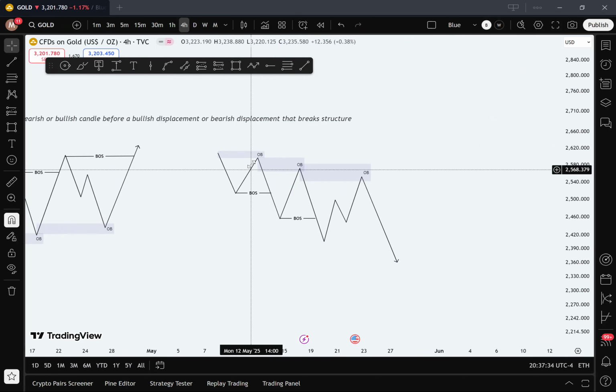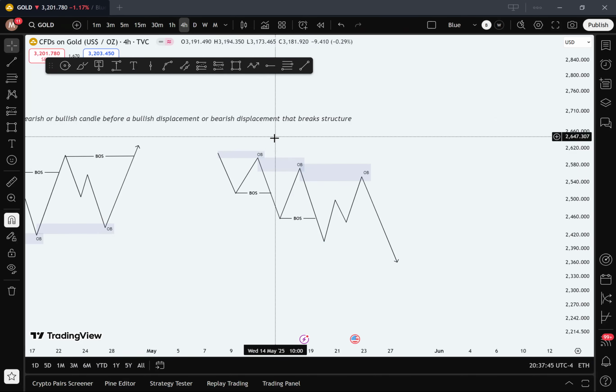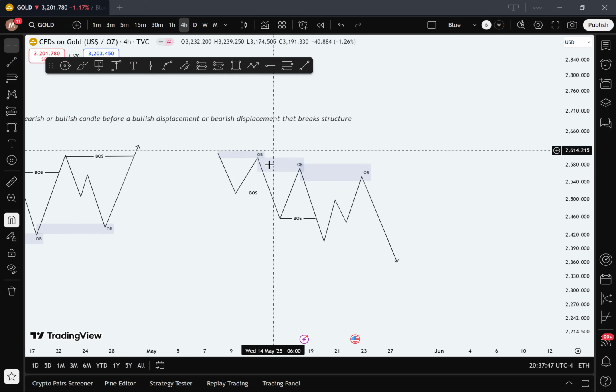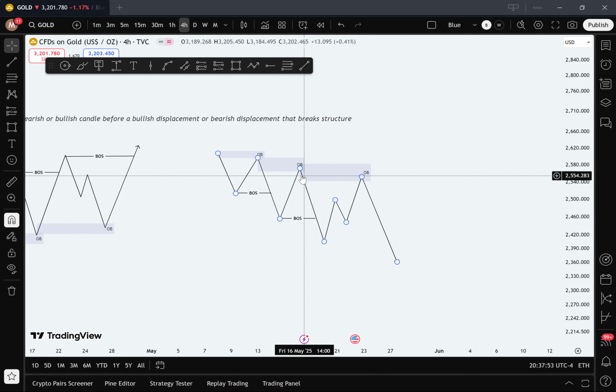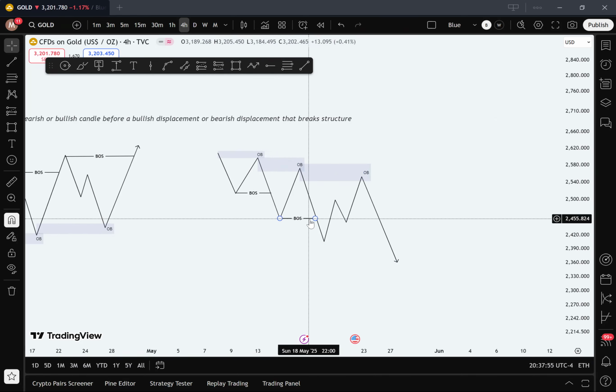So the last bullish candle right here, the large bullish candle that is supposed to move price upwards, before price broke structure right there.